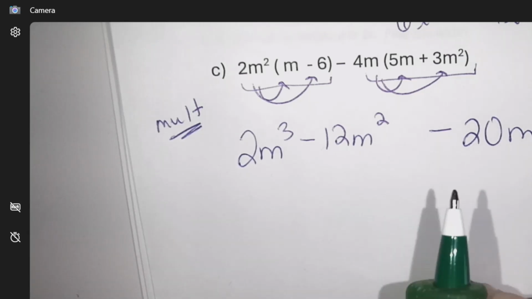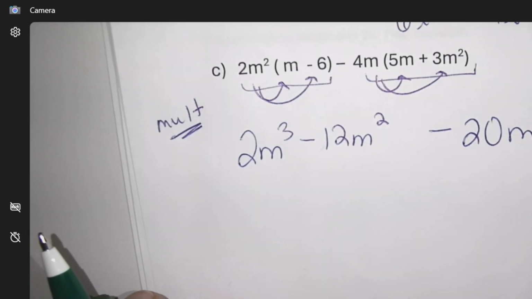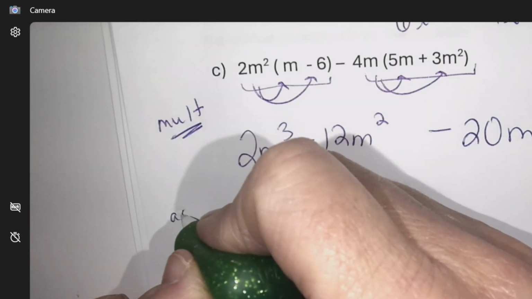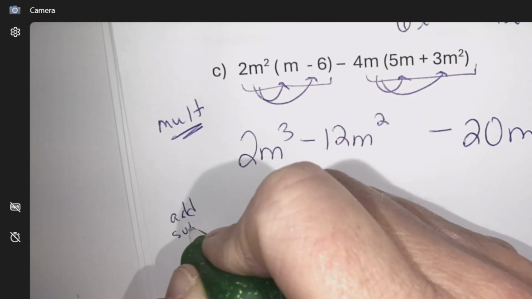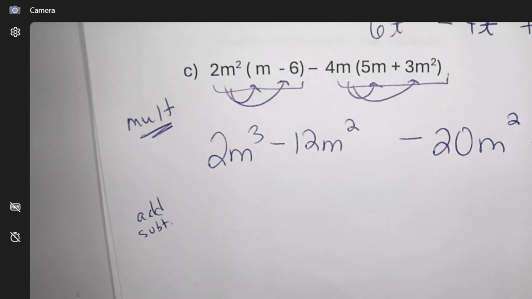Okay, so how did that go? Multiply, did you do the minus and minus signs? Okay. Now I can add, subtract. And what does add, subtract mean? Collect. That's what you do, you collect.